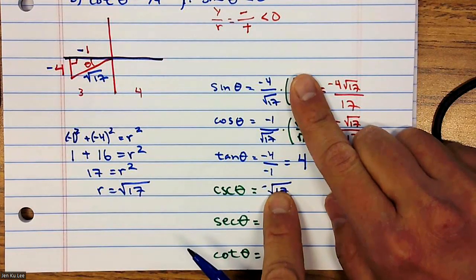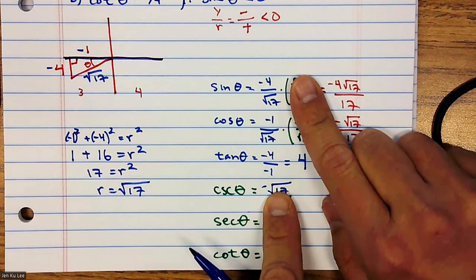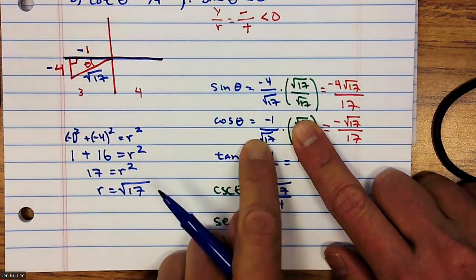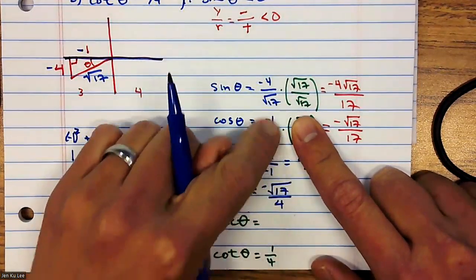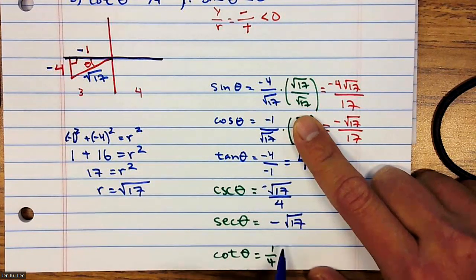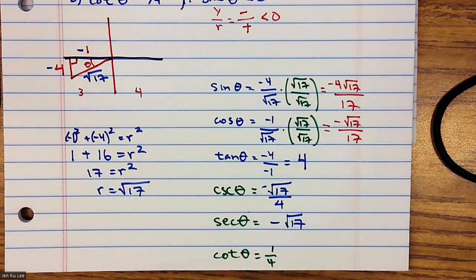So I don't have to rationalize the denominator anymore. Flipping this over, that's negative square root of 17 over 1, which is just negative square root of 17.